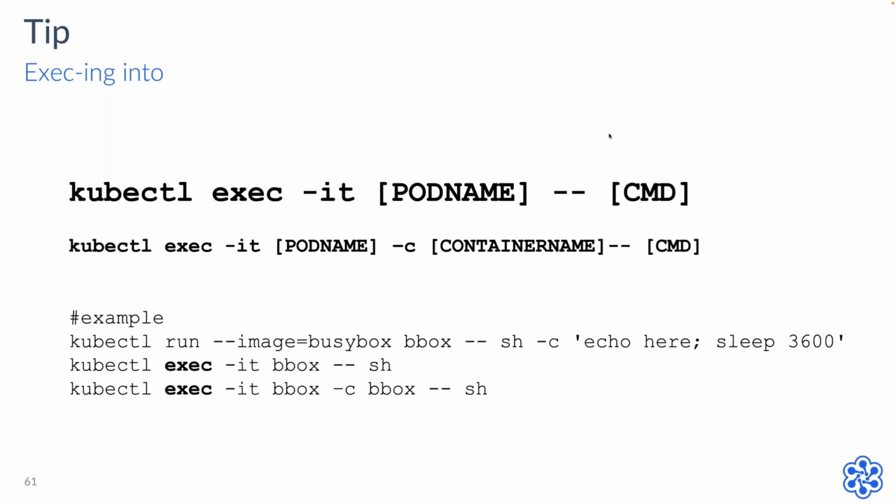This allows you to troubleshoot on the actual running pod, seeing what's happening within the pod and any troubleshooting that you need to do on the pod itself. So a useful thing to have in the troubleshooting command set.